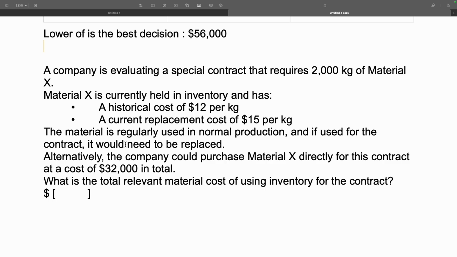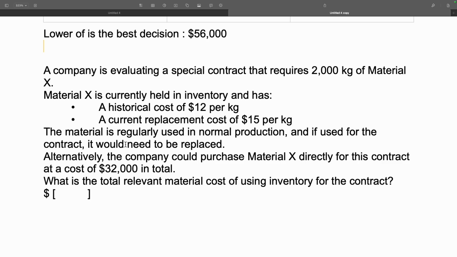Material is regularly used in normal production, and if used for contract, it needs to be replaced. Alternatively, the company could purchase material X directly for this contract at a cost of 32,000.